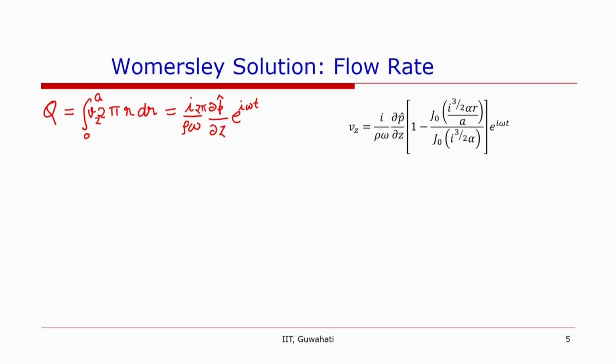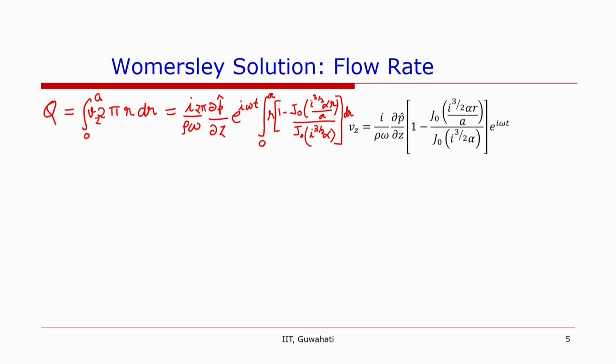All of this is independent of r, so it can come out of the integral sign. Then we have the integral from 0 to a of 1 minus J 0 of i to the power 3 by 2 alpha r over a, divided by J 0 of i to the power 3 by 2 alpha, into r dr. Remember that I have included the r term here.